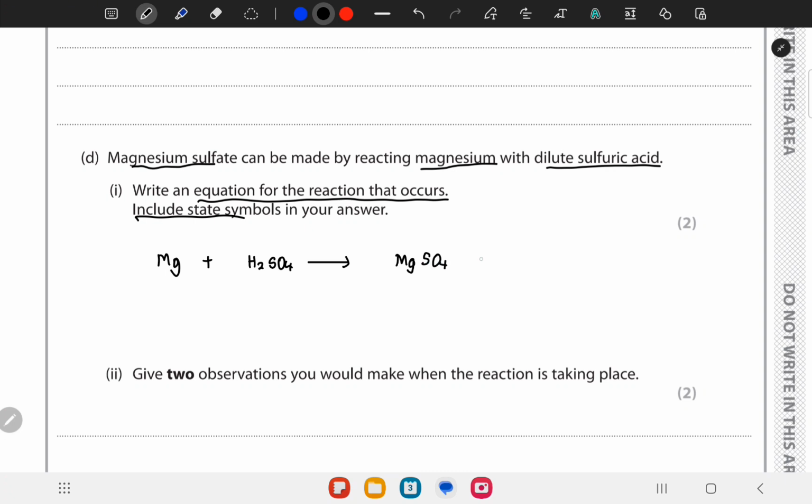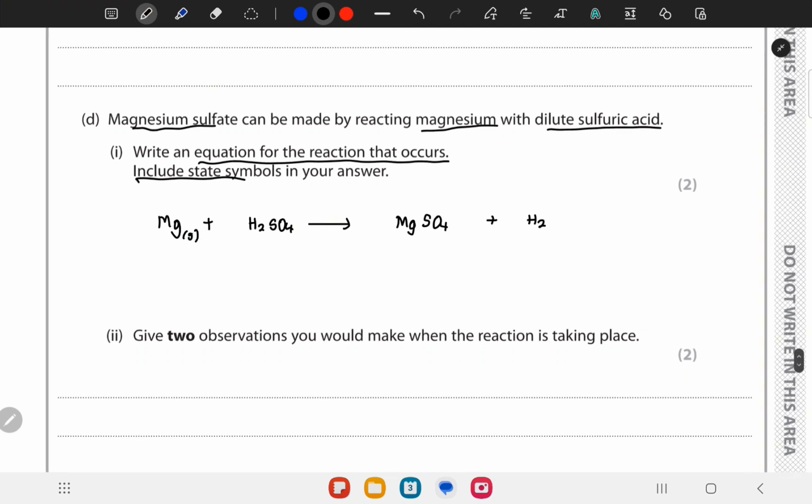We'll also form hydrogen gas because this is a reaction of metal plus acid, so we'll get salt plus hydrogen. You can remember this by the acronym: metal, acid, salt, hydrogen.